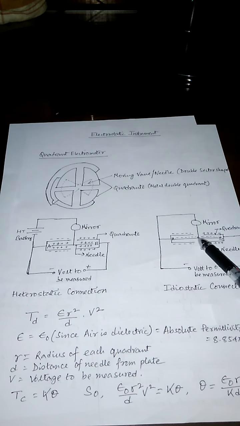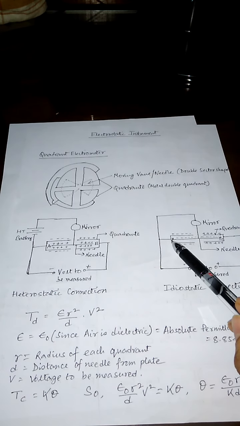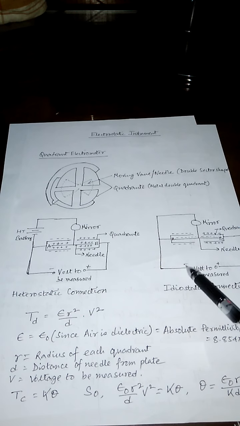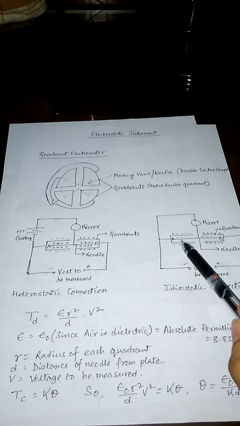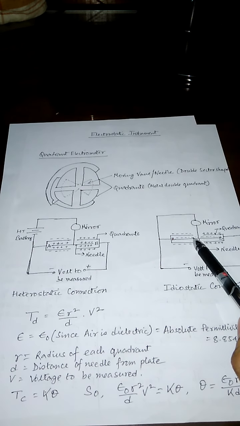But here the needle is connected to one portion of the quadrant. See, this needle is connected here. As the negative polarity of the voltage is connected to this point, the needle is charged negative.